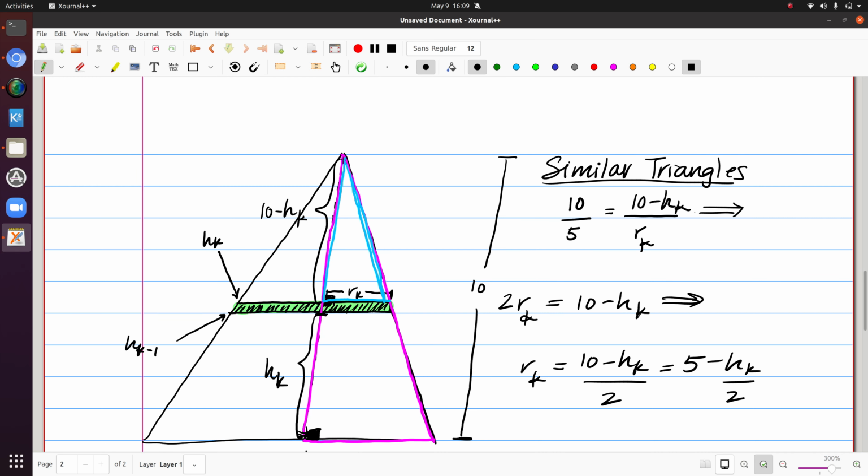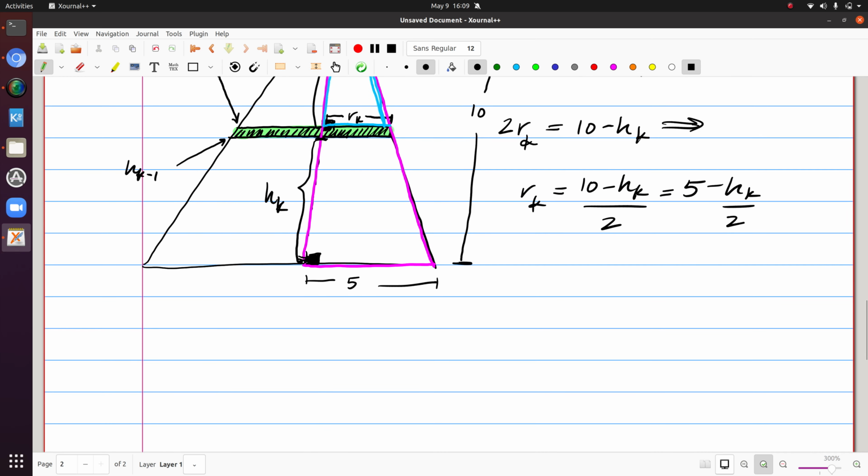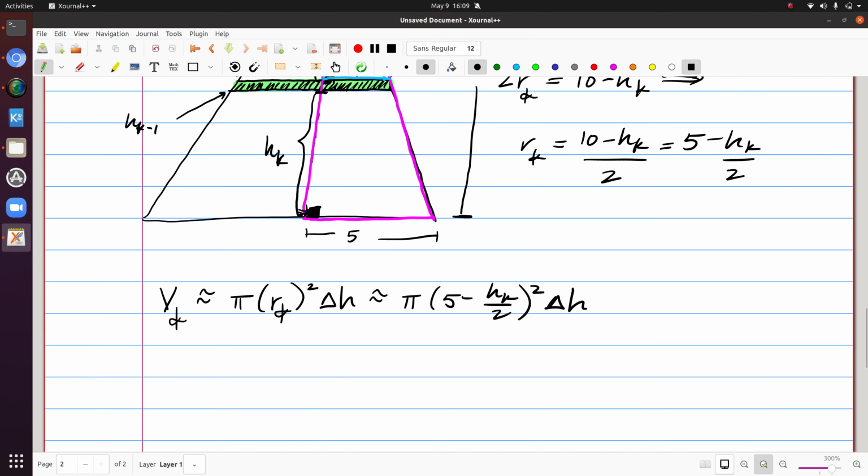So what we can do then is go back to our volume of the kth slice. We said that was approximately pi times r sub k squared delta h, which is now roughly pi times 5 minus h_k over 2 quantity squared delta h.